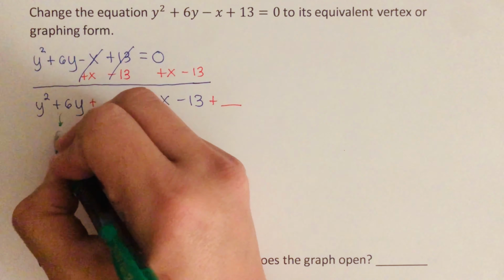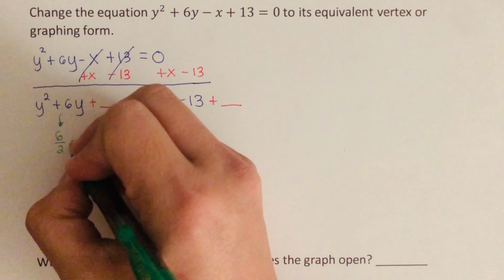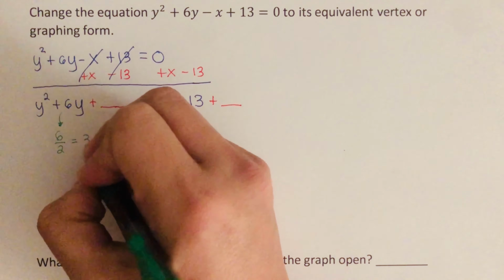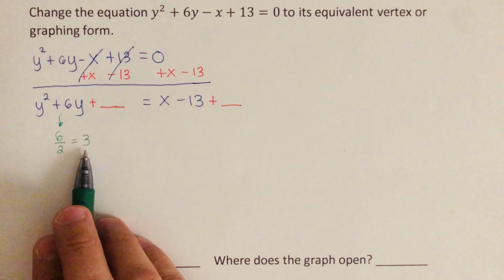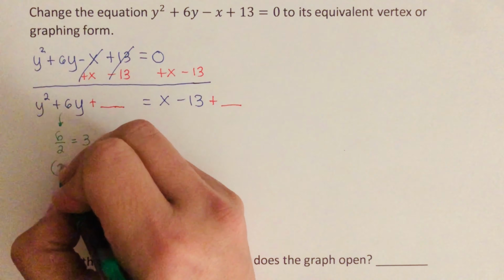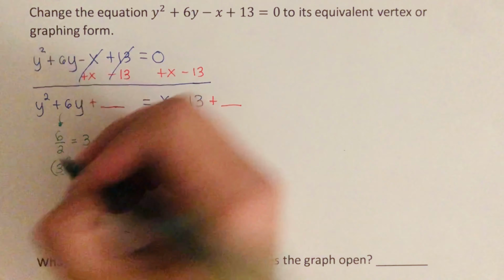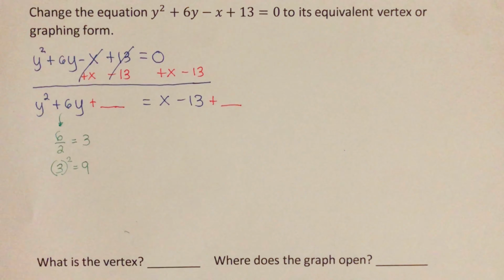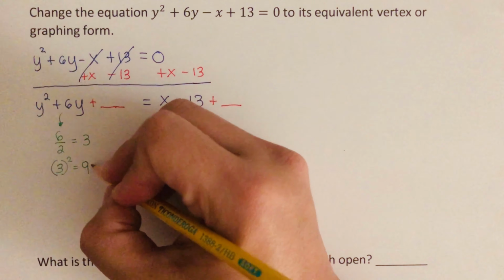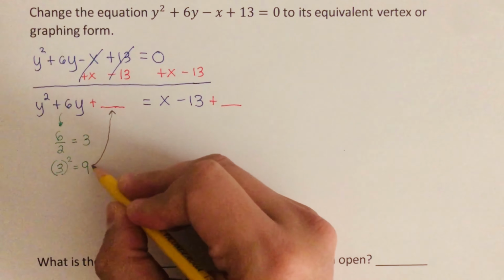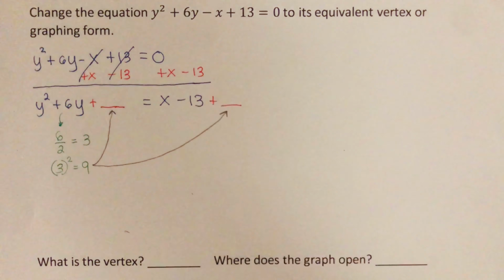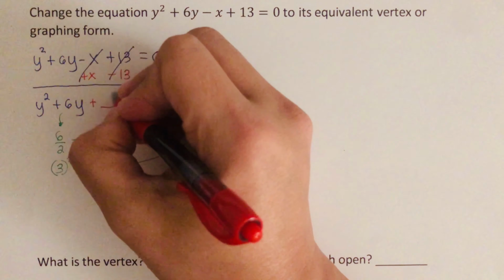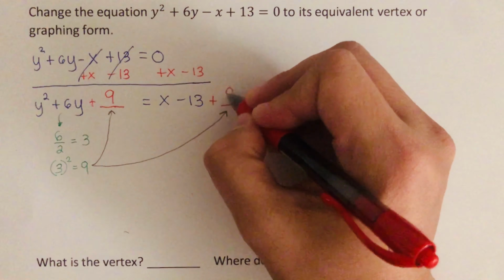So 6 divided by 2 is 3. And then whatever that number is, we are going to always square it. So 3 squared is actually 9. And this would be the number that we write up here. So we're going to write it to both of them. So I'm just going to go ahead and write plus 9 and plus 9.